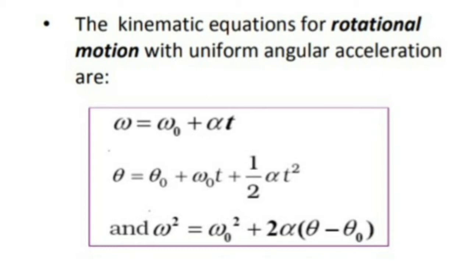The rest of the terms, as we said, omega 0 is the initial angular velocity and alpha is the angular acceleration. The final expression has the same explanation. So these three equations are called the kinematic equations of motion for rotational motion.